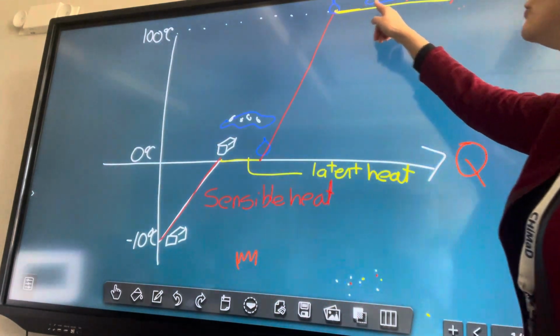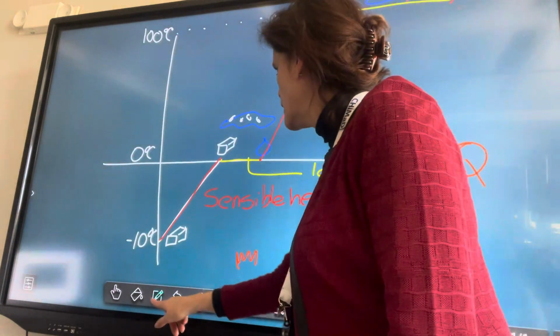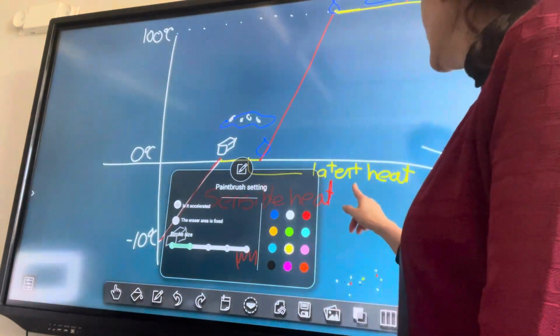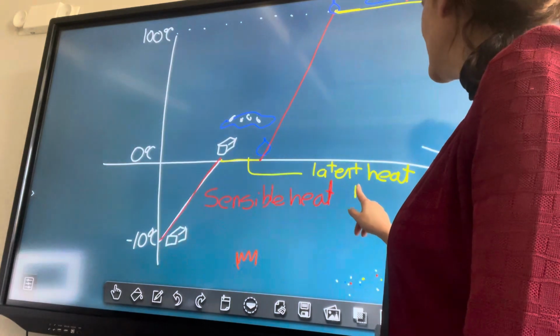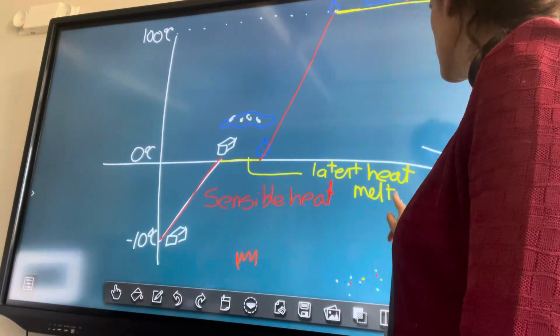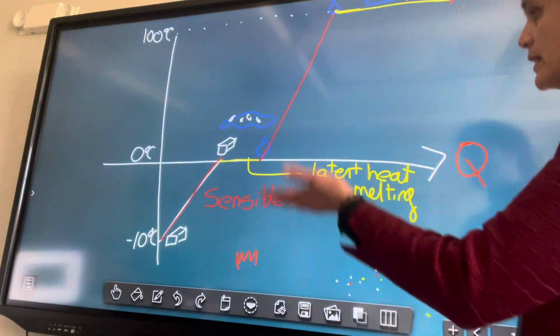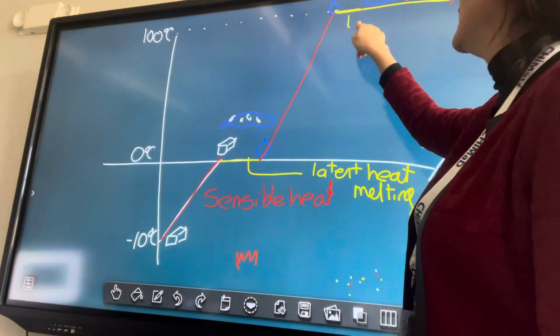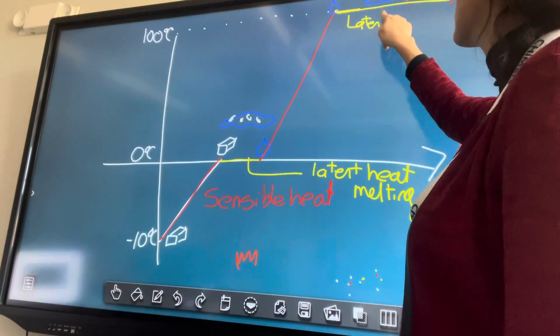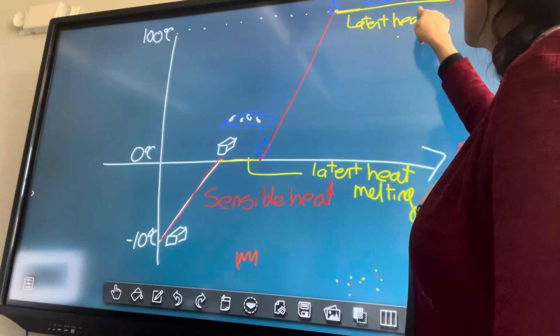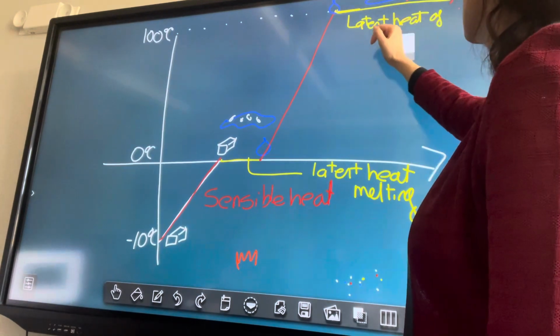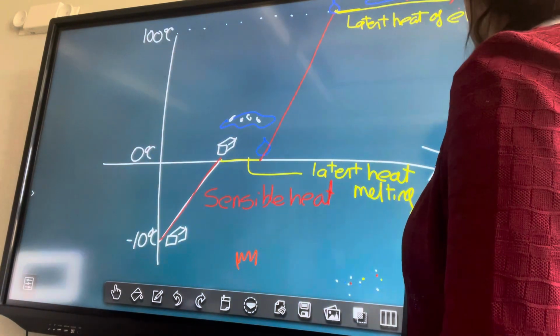This side is so much larger. So this is called the latent heat of melting, because we're literally melting. And this is called the latent heat of evaporation, because that's what's happening.